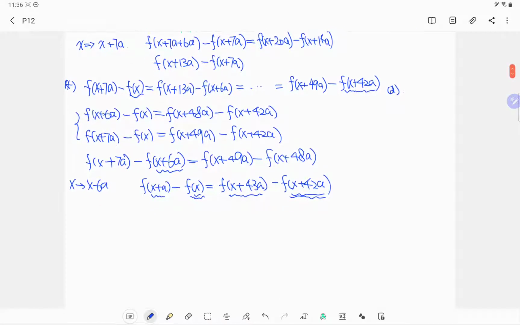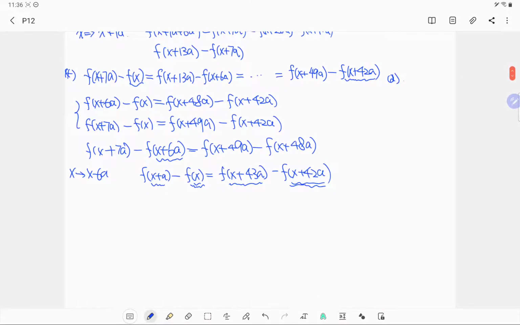So actually we can also rearrange this equation as f(x+42a) - f(x) = f(x+43a) - f(x+a).